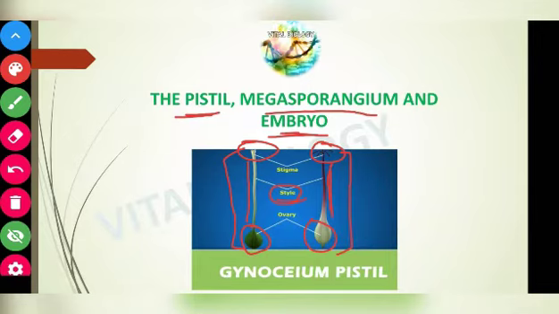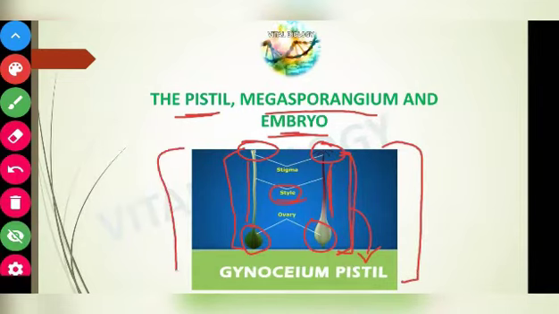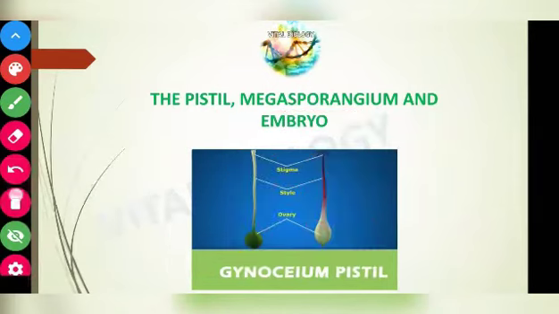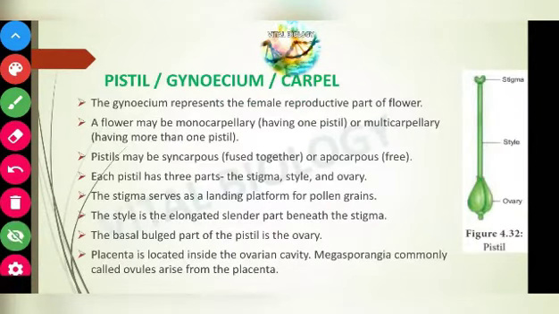This structure totally together is called the pistil. It's also called gynoecium. We can call it pistil or gynoecium or carpel. So I guess you remember now what the pistil and stamen are. Now let us move on to the next slide, about the pistil.